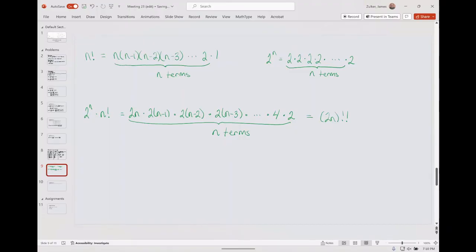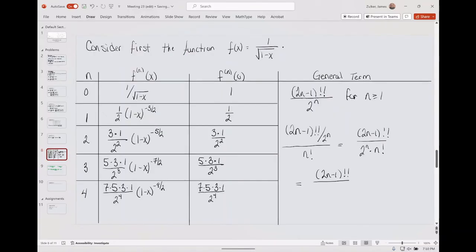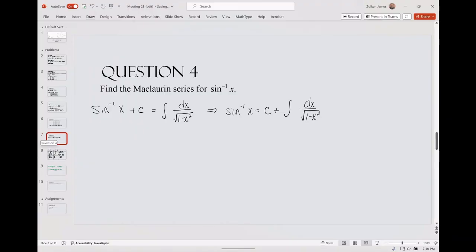Yes, it is. So this is our general term, or our general coefficient, rather. That doesn't get simplified anymore? Nope, it can't be.